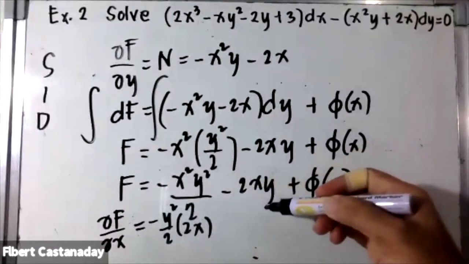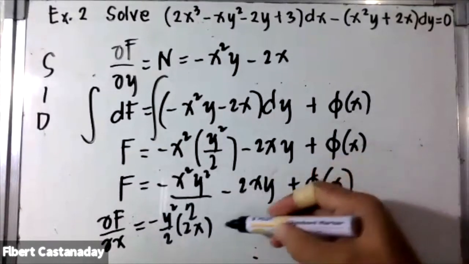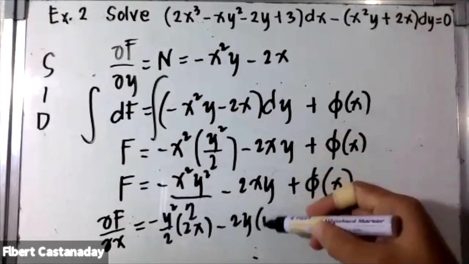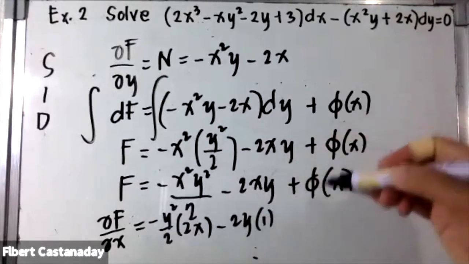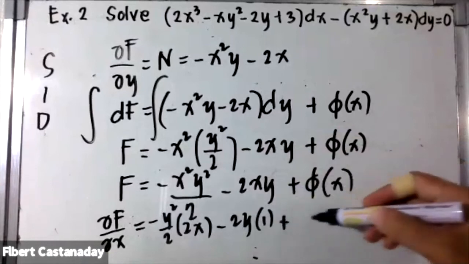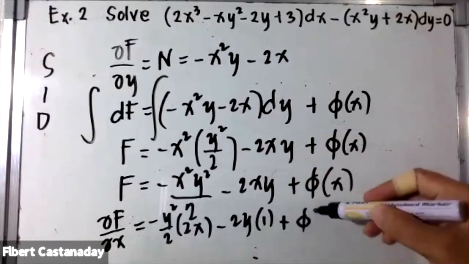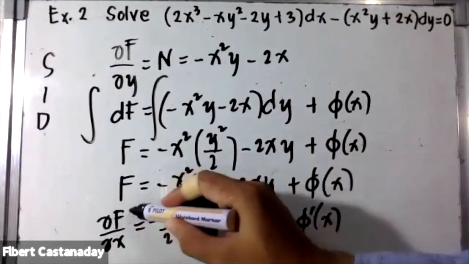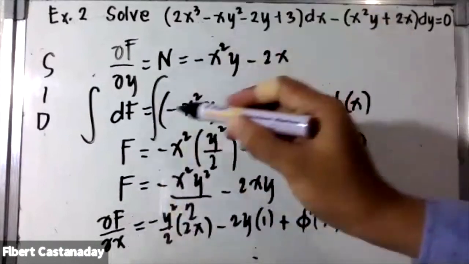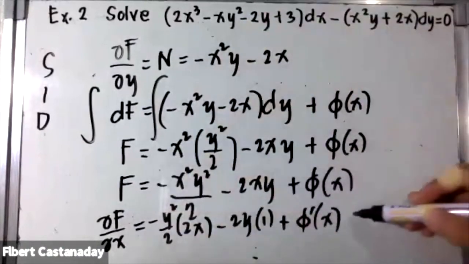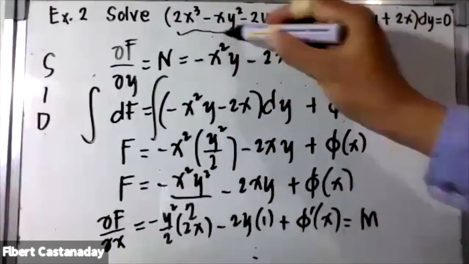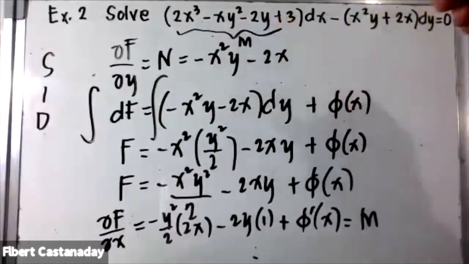In the second term, we have minus 2xy, so we just copy 2y and then differentiate x, and that is 1. And then the third term is a function of x, so differentiate phi of x, it will give us phi prime of x. Now, since the partial of f with respect to x is equal to m, we equate this to m.